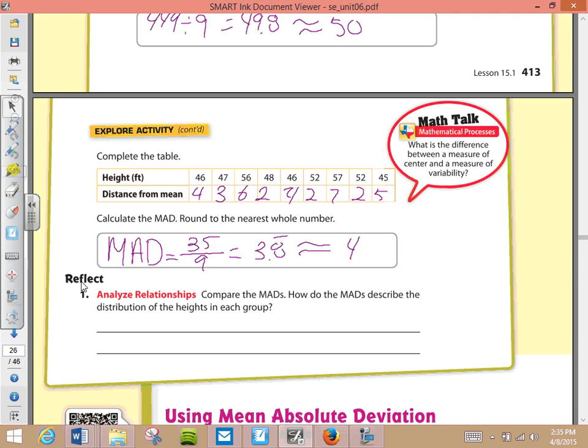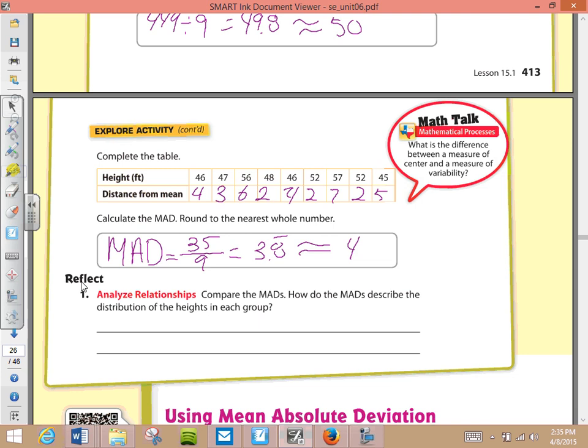Let me give you an example. If the average was a 70 and most students get around a 70, do you think their distance will be big or small? Small, right? Because most people get around a 70, so they'll probably be like a point or two away. That means the MAD will be very close to 1. But if the average was a 70 and you have like 80s and 40s and 50s and other numbers that are spread out, then the distance from the mean will be very big, right?